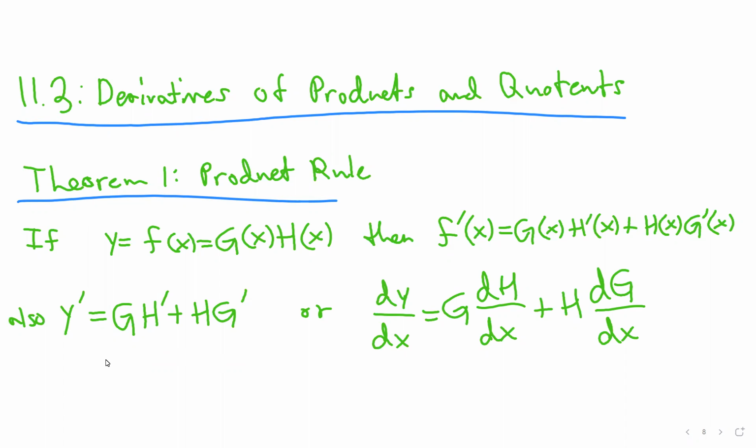There's also the notation which is predominantly used in differential equations and such, which is this differential notation. And this is dy over dx equals g function times dh over dx plus h function times dg over dx.